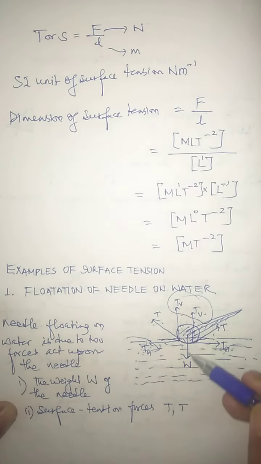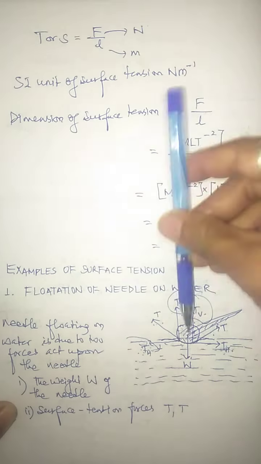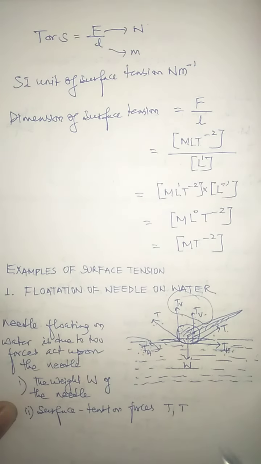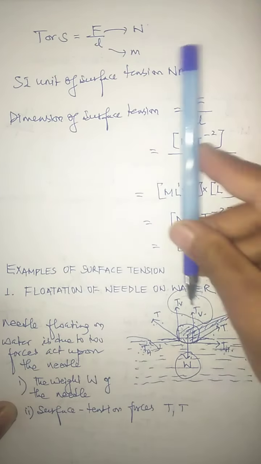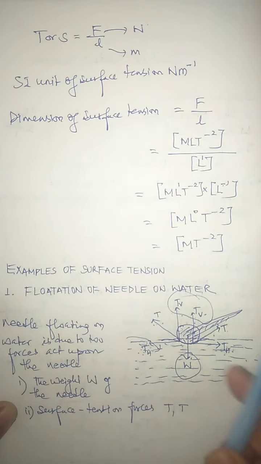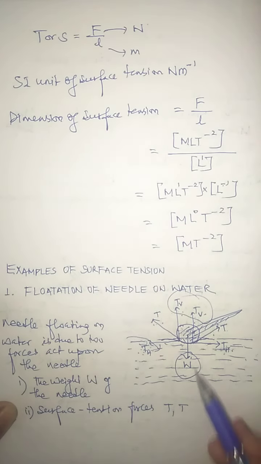And when one force is more than the other, the net force will not be zero, and a resultant force will act on the needle, vertically downward. Due to the weight of the needle being more than the vertical component of surface tension, we see the needle sinking into the water.